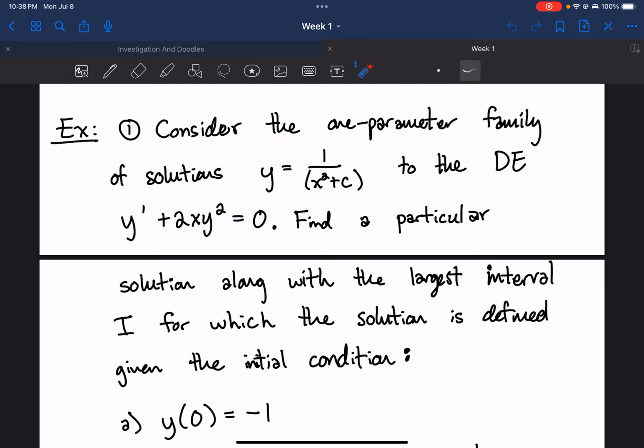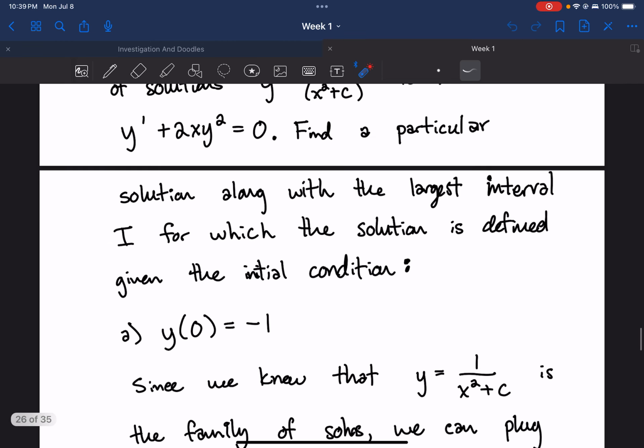There are infinitely many choices for c, and each one of those gives you a function that's a solution to this differential equation. And our challenge is we want to find a particular solution to this equation with the largest interval I, for which we pass through the point (0, -1).